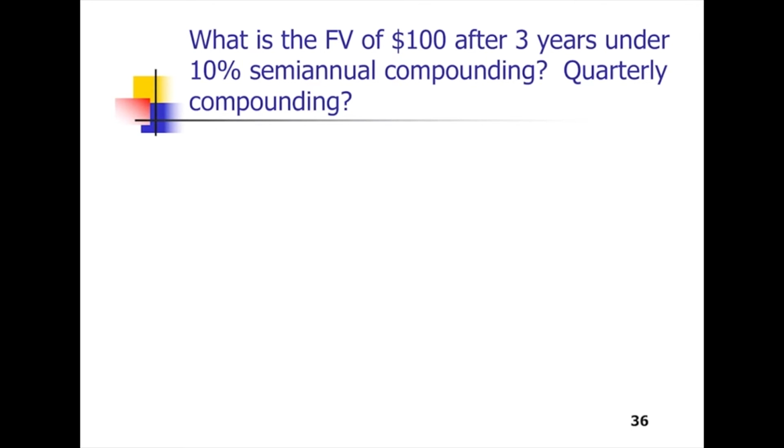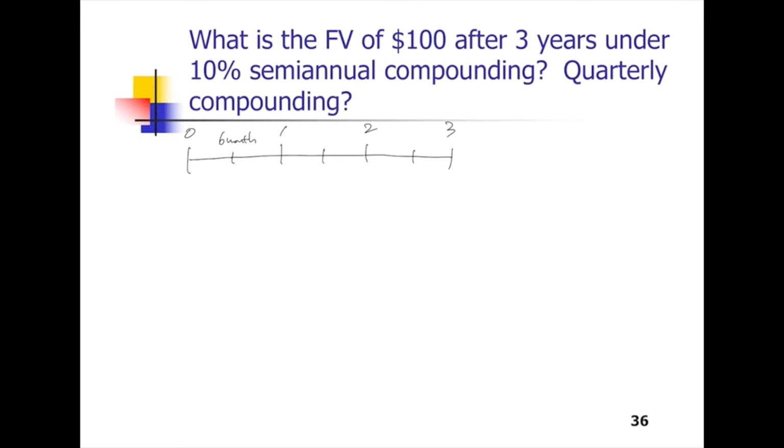It's good to understand. So let's draw. There are 3 years, right? And semi-annual compounding, so compound every 6 months.